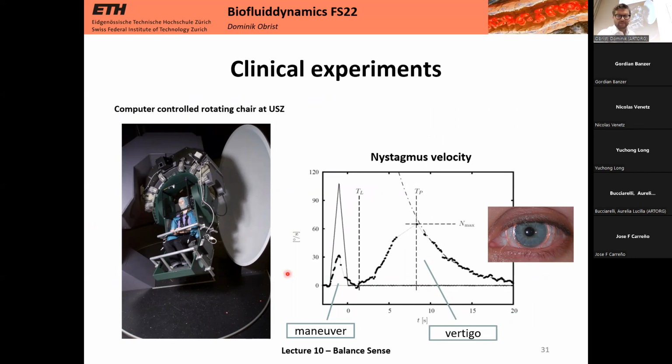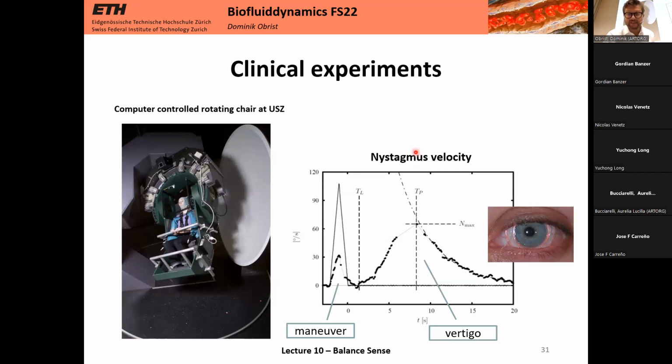Again, this is a typical measurement from a patient: the initiating movement, then a short latency time of 1 to 2 seconds, and then it kicks off. And it's very classical, or actually normal, that the symptoms or the perception of the patient is in the same direction as the initial movement.